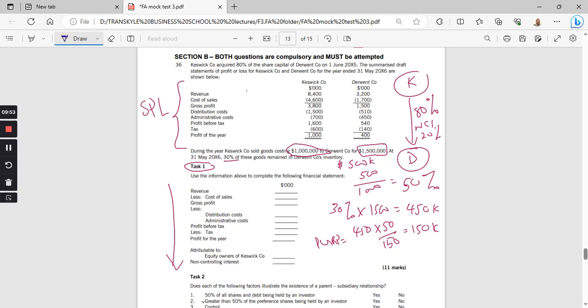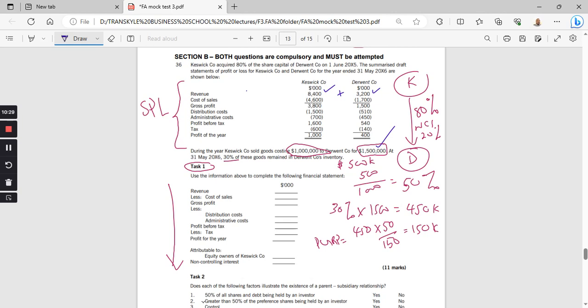So for the revenue we are going to use the figures as provided: 8.4 million plus 3.2 million. But we also need to deduct the 1.5 million, which was the amount charged when goods were sold to the subsidiary. That is not a sale, so it has to be removed.